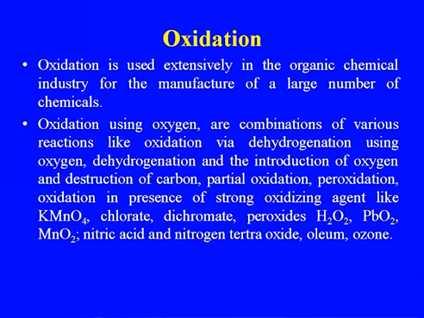Oxidation uses oxygen or a combination of various reactions, like oxidation via dehydrogenation using oxygen, dehydrogenation and introduction of oxygen, destruction of carbon, partial oxidation, peroxidation, and oxidation in presence of a strong oxidizing agent such as chlorate, dichromate, peroxide, hydrogen peroxide. These are some of the additional agents that may be present during oxidation along with oxygen.